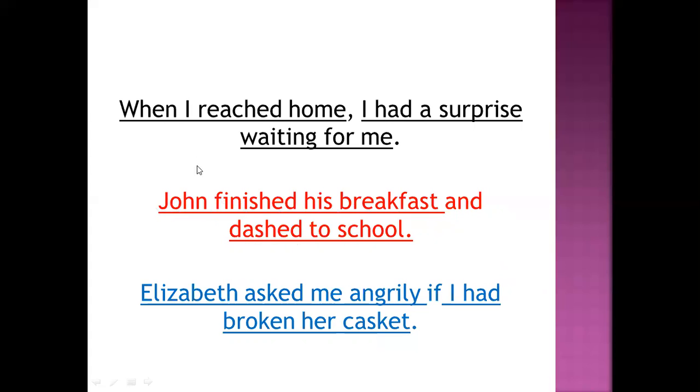We're not using "and he dashed to school" to join these two sentences; we have the conjunction "and" used here to join both of these clauses, which shows that this sentence is an example of a compound sentence. The last sentence example: Elizabeth asked me angrily if I had broken her casket. So "if I had broken her casket" is a dependent clause, like the first one. So this is again an example of a complex sentence.